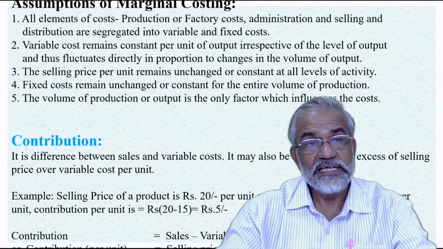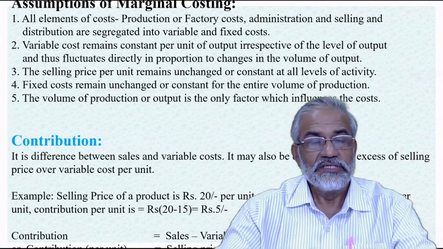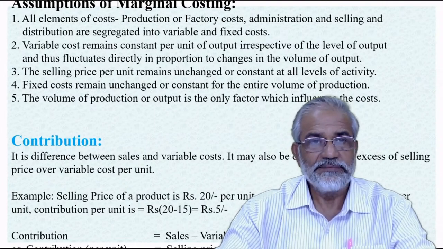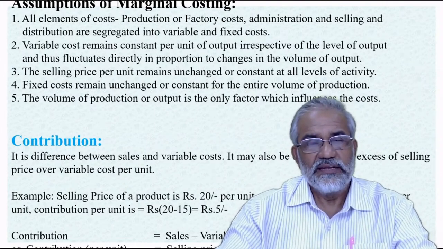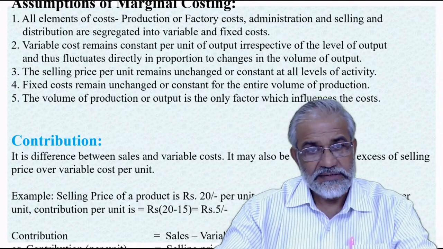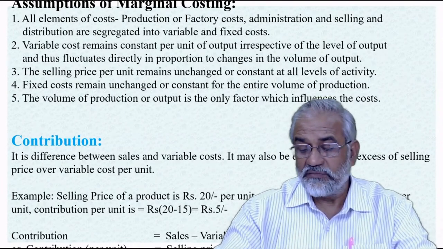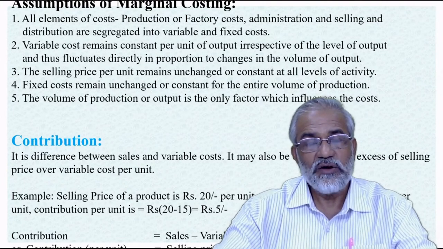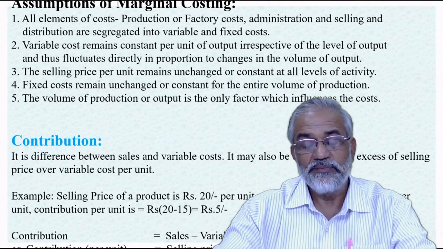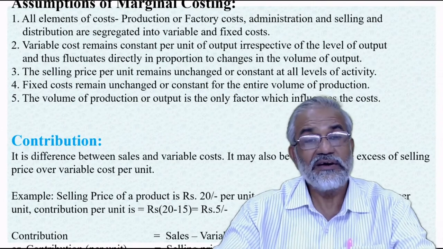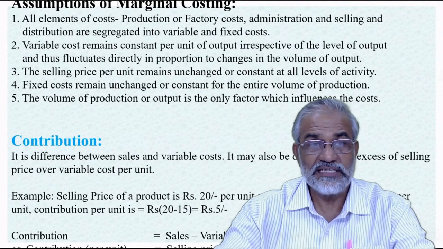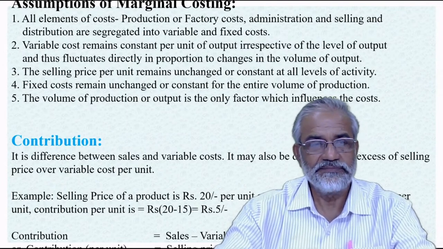And the third one is the selling and distribution overhead. These are the elements of cost on the basis of which the cost sheet is being prepared. So when the 3 types of cost classified on the basis of activities are taken into consideration, they are also segmented on the basis of the behavioral cost, that is fixed cost and variable cost. That is the very first assumption on the marginal costing.